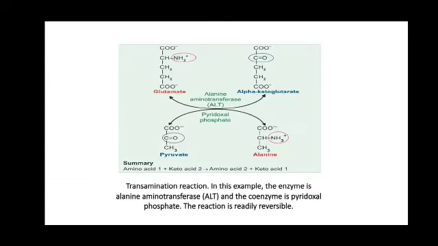This is an example of a transamination reaction by alanine aminotransferase, where glutamate gets converted to alpha ketoglutarate by this enzyme with the cofactor pyridoxal phosphate, and pyruvate is converted to alanine. These reactions are reversible.